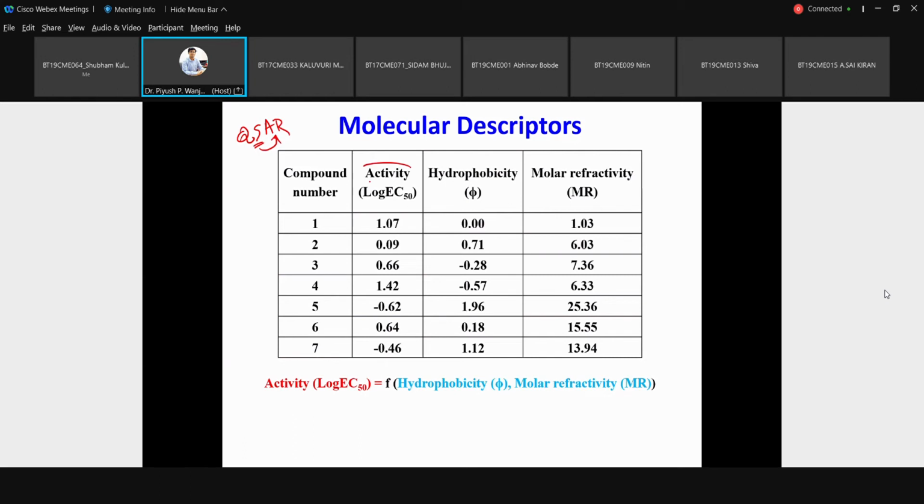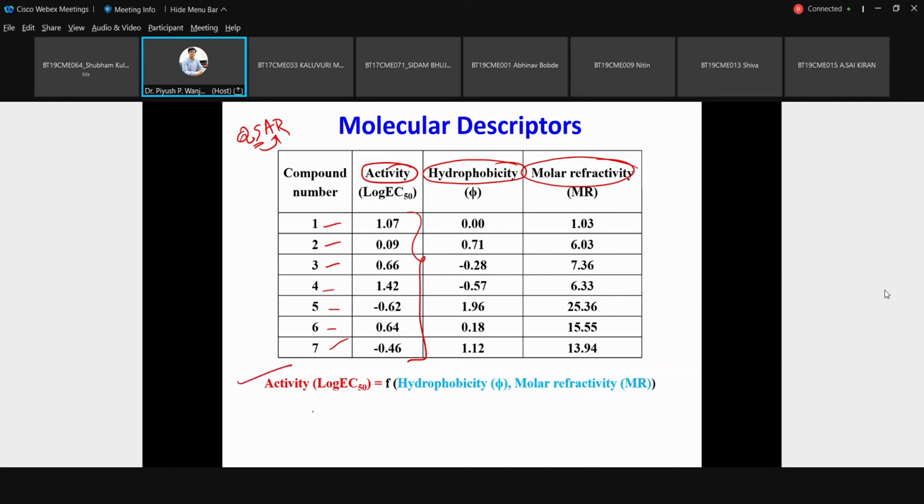Suppose the activity values for 7 compounds you have determined experimentally. For these 7 compounds the values are given to you, and these molecular descriptors for them, for example hydrophobicity or molar refractivity, you can also calculate through experiment. Okay, and based on this you can come up with the model.